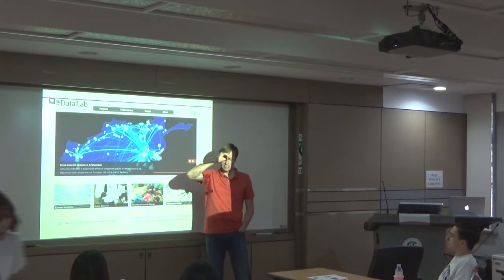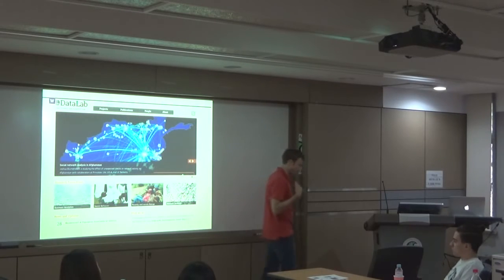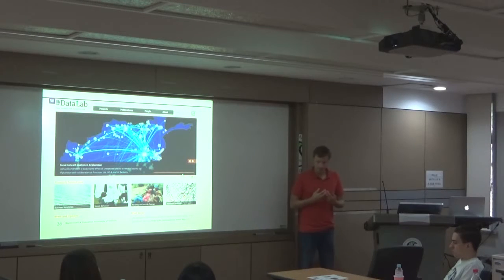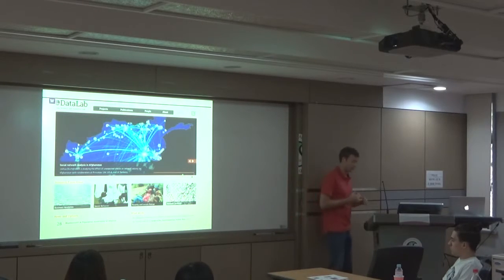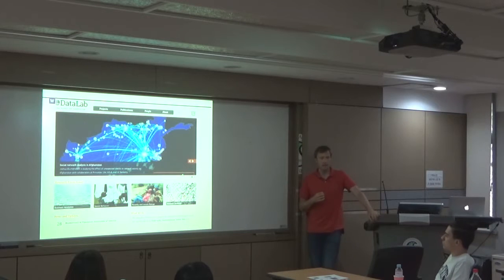The picture you see up here is a large cell phone communication system in countries like Pakistan, Rwanda, Afghanistan, a lot of the developing countries. We can use this anonymized cell phone data to infer economic indicators that we couldn't before.